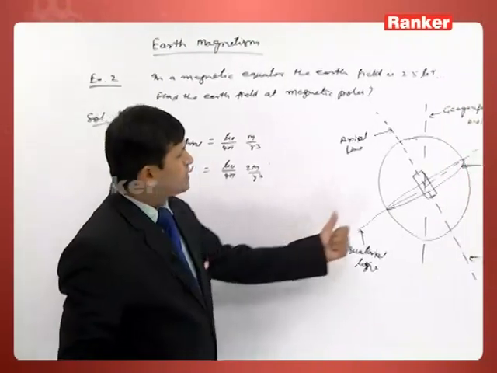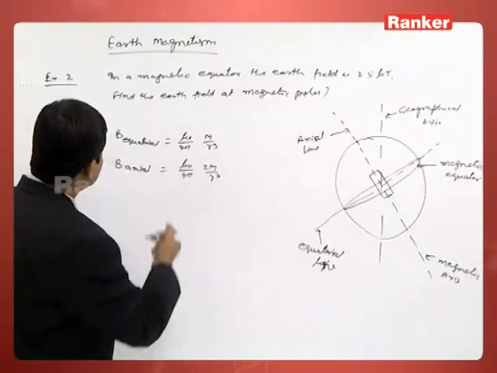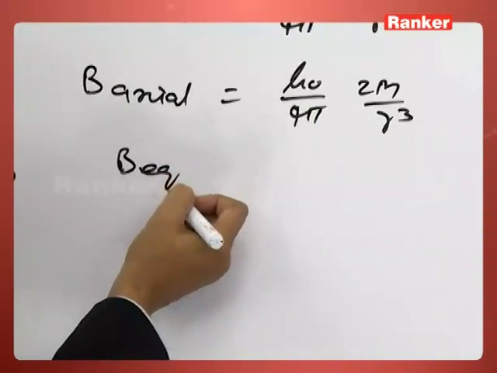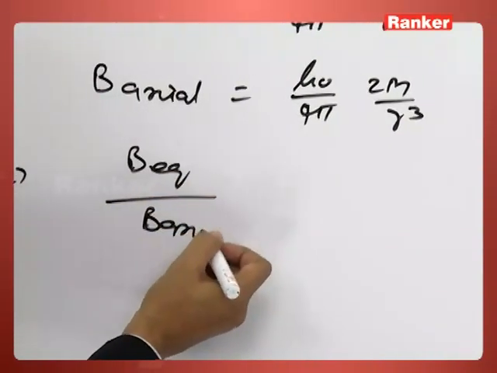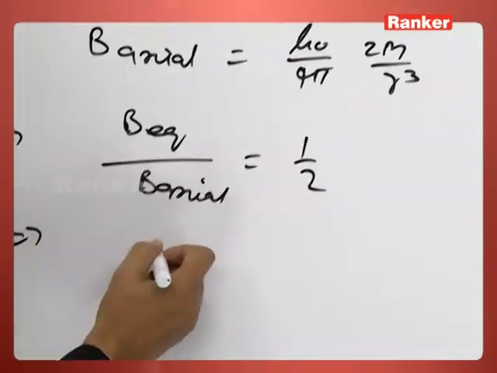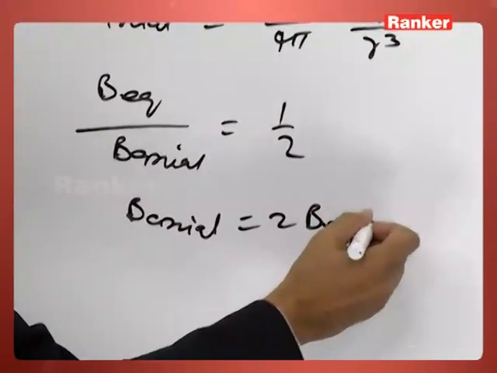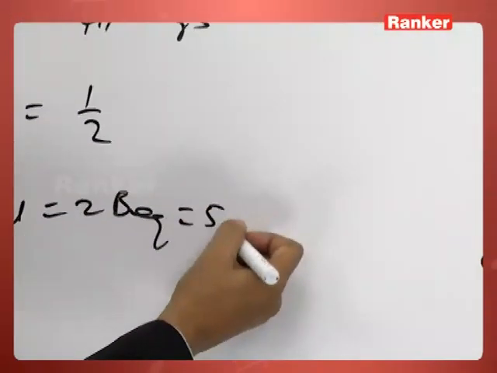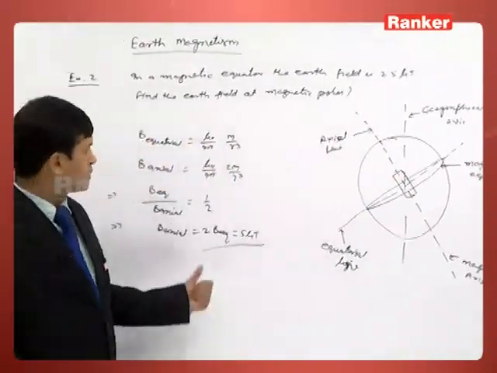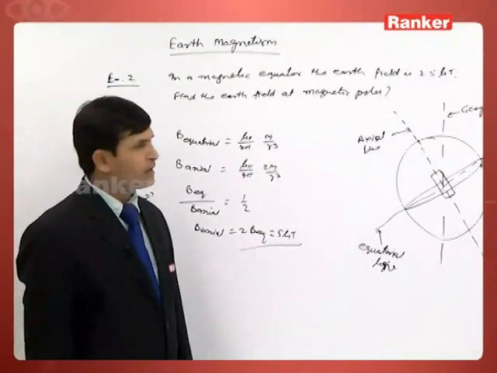So the earth acts as a complete bar magnet. We have to find the axial one. So B equatorial by B axial is 1 by 2. So B axial is equal to 2 times B equatorial, which becomes 5 microtesla, because B equatorial is given as 2.5. This is the way by which we can solve the problem.